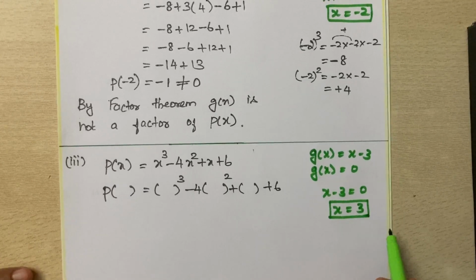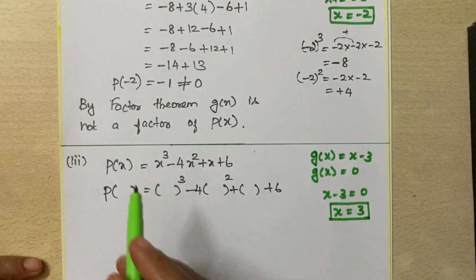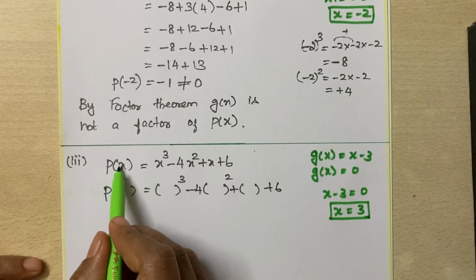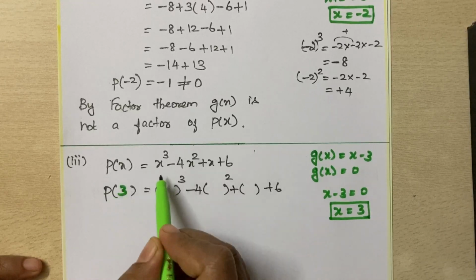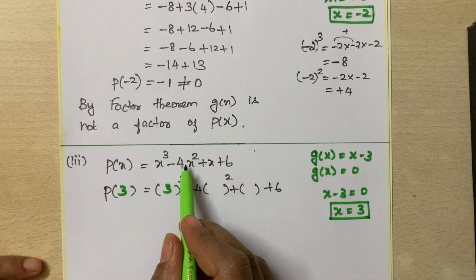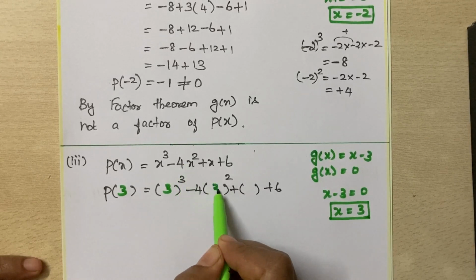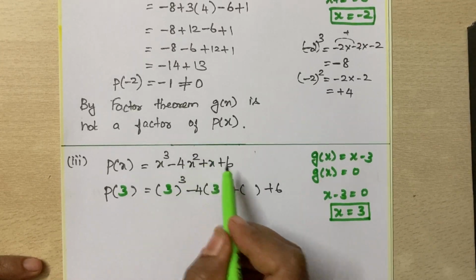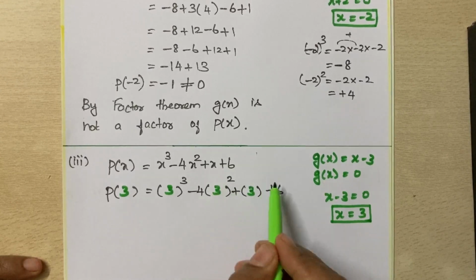Now this positive 3 we are going to apply in the place of x. So now the x value is 3, which is 3 cube minus 4 into 3 square plus x value 3 plus 6.